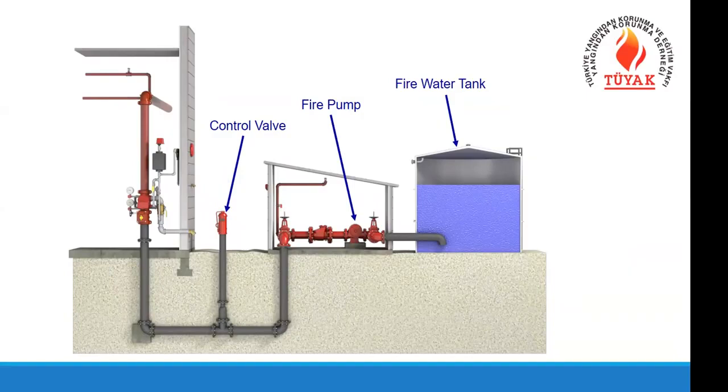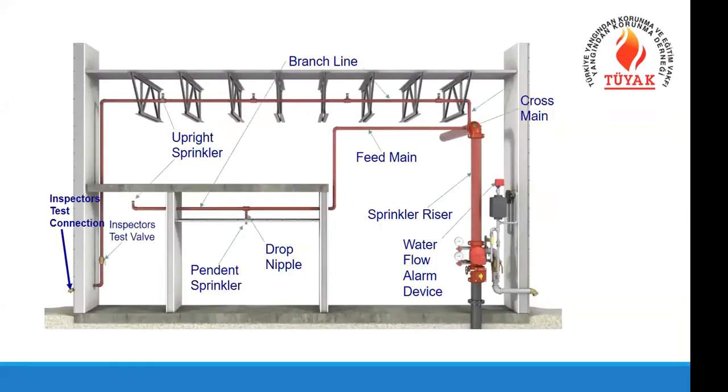But normally in our daily life we only see the sprinkler head above our head. So when we see sprinklers from now on, we will think about the complete system behind it, which is clearly a big investment for any kind of facility. So you remember this schematic.